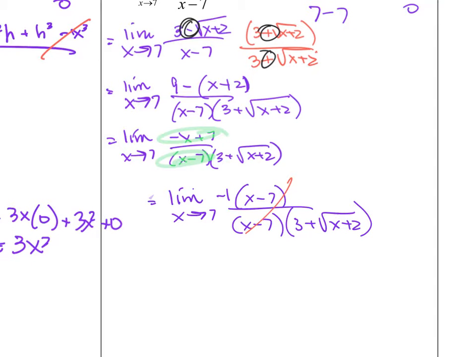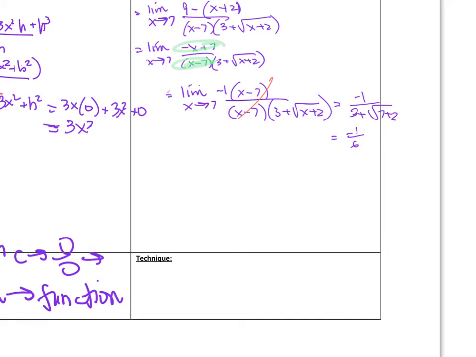That goes to 1. So now we can plug in the 7, and we end up with negative 1 over 3 plus the square root of 7 plus 2, which gives us negative 1/6. So we have our limit output as negative 1/6.